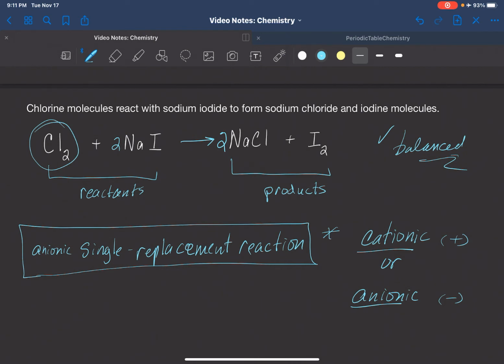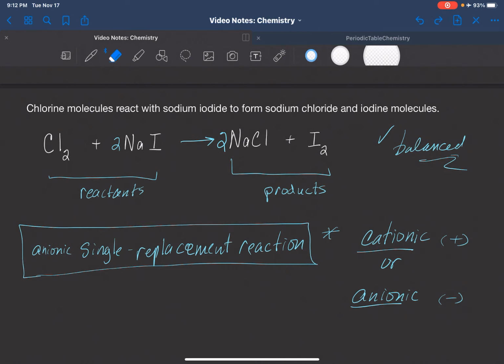And the reason it's called replacement is because of what happened. Let me erase that right there out of our way. What really happened chemically was the chlorine comes in here, kicks out the sodium, and now the sodium, oh, I'm sorry, I said that backwards. Pardon me, I was thinking of a different type of reaction.